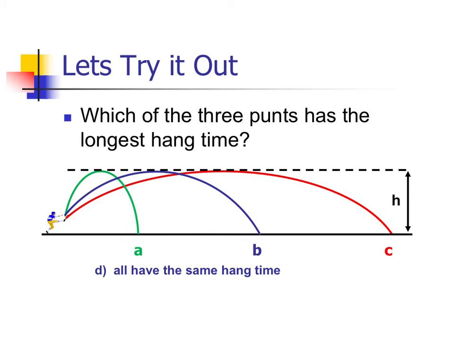But it's actually gravity that affects the time it takes to get to a certain height and then come back down. So because they all have the same height, they all have the same hang time.